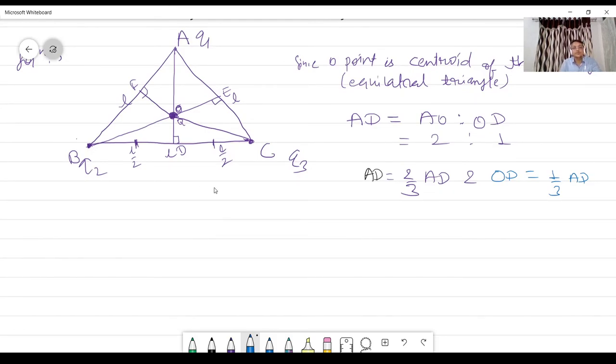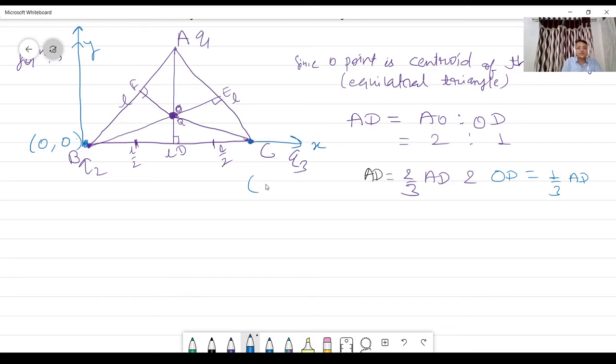Now I need to determine the location of each point, as I want to use vector geometry over here. So let's consider that the B point is at 0, 0. I'm going to consider this as the y-axis and this as the x-axis.